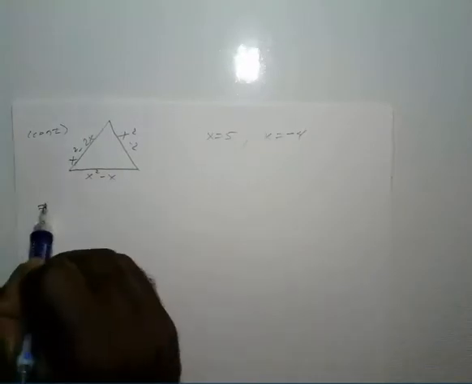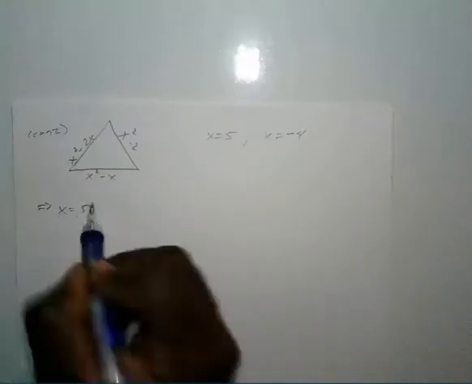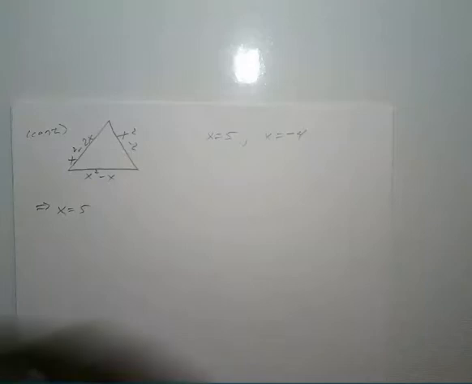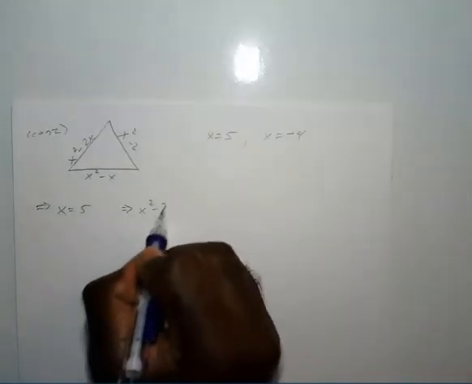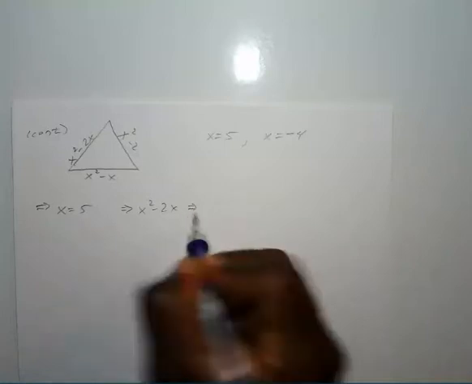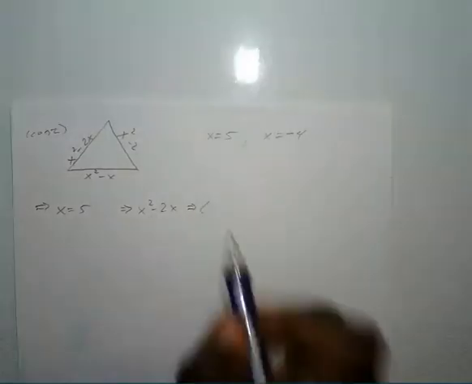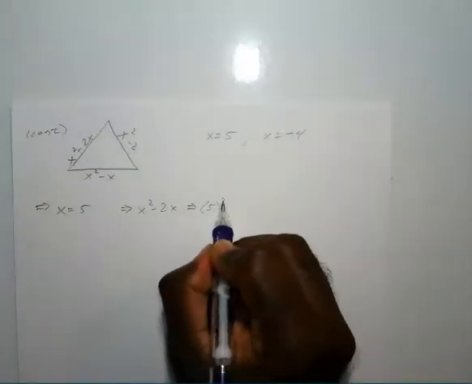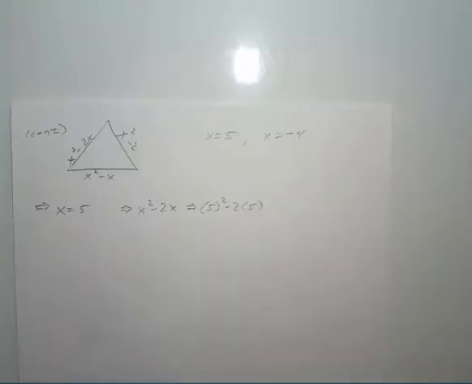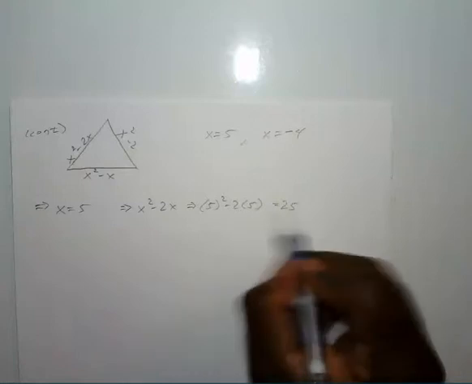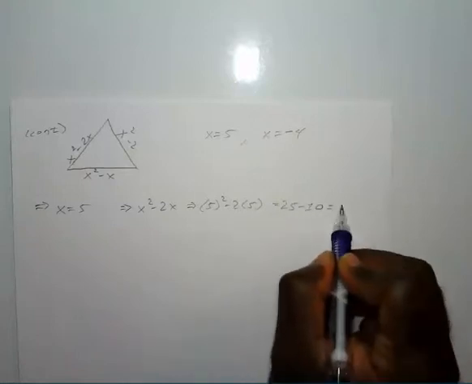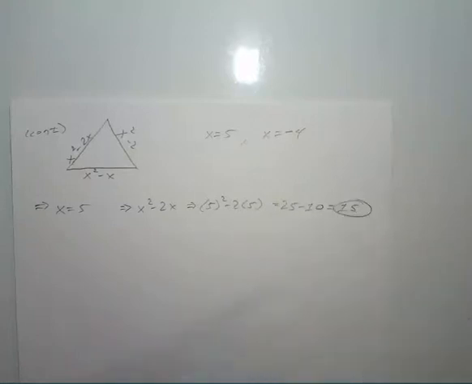Okay, so for x equals 5, we have x squared minus 2x, which is really, once we replace x with 5, 5 squared minus 2 times 5. 5 squared is 25. 2 times 5 is 10, which is 15.